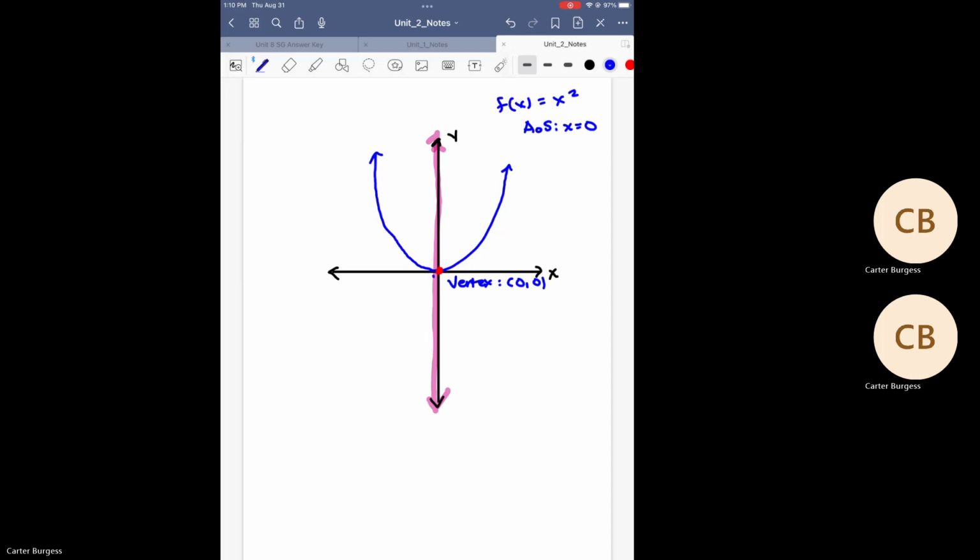We could also picture a quadratic that dips down as well, in which case our vertex would be the maximum value that we achieve.